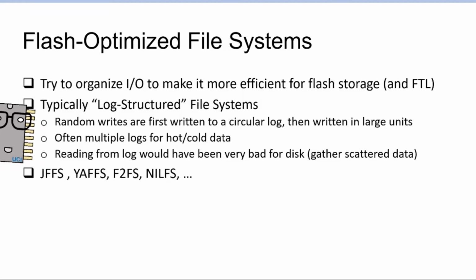So hopefully we can collect a lot of writes going to the same location, for example, or collect a lot of write requests in bulk, so that we can get higher performance at the benefit of scale. Oftentimes, there are multiple logs involved in flash optimized file systems, involving things like hot and cold data, with different queues for hot and cold data.